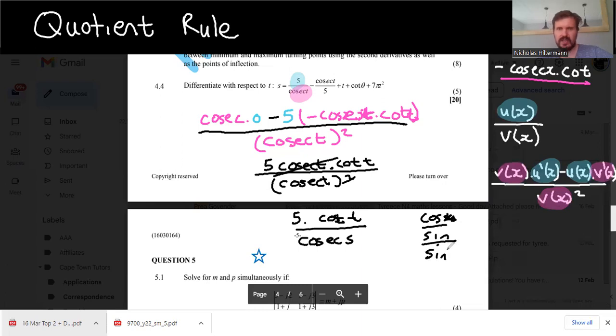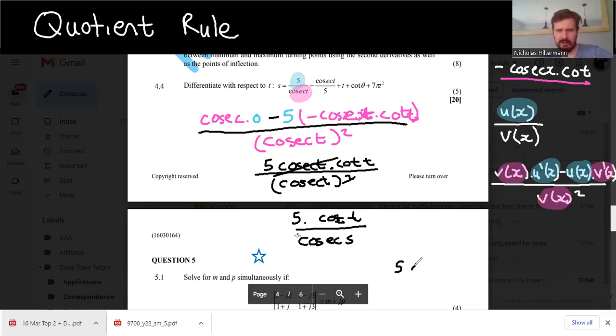No, it doesn't really simplify, we kind of get cos over sine squared. So no, I'm going to leave it as that, because I want to do the chain rule to see if I get the same answer.